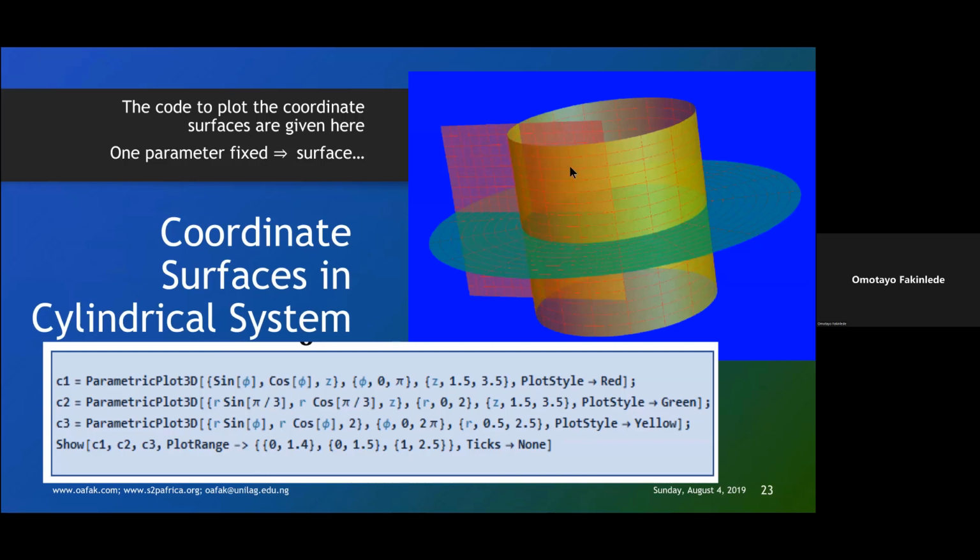The round areas are the areas where R is constant. The concentric circles on the flat surface are the areas where Z is constant. And the planes that cut through the axis of this thing are the areas where theta is constant.